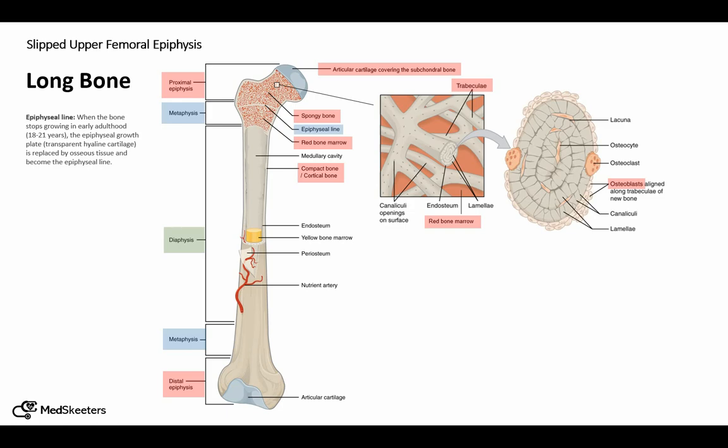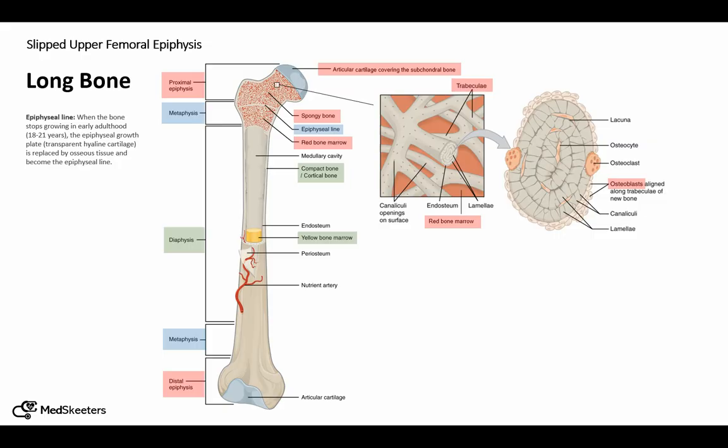The outer layer of the diaphysis is made up of cortical bone. This cortical bone is a dense and hard type of bone tissue, but the medullary cavity of the diaphysis contains yellow bone marrow. In epiphysis there is red bone marrow and in diaphysis there is yellow bone marrow.